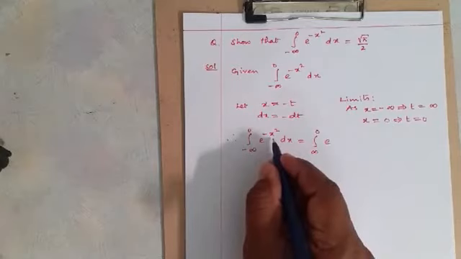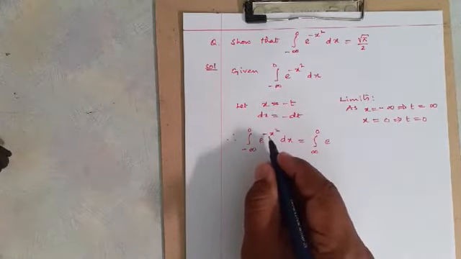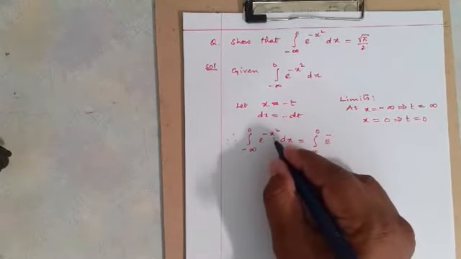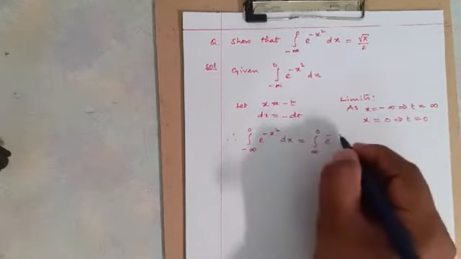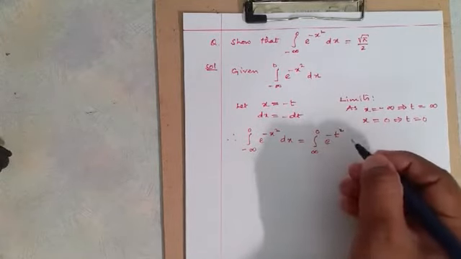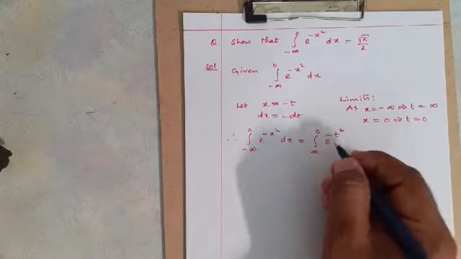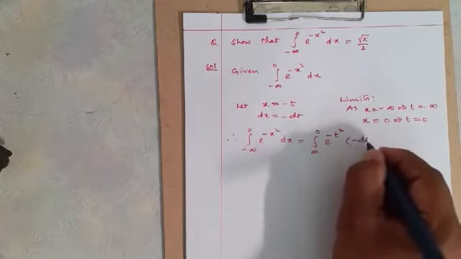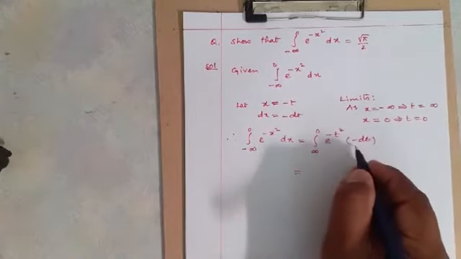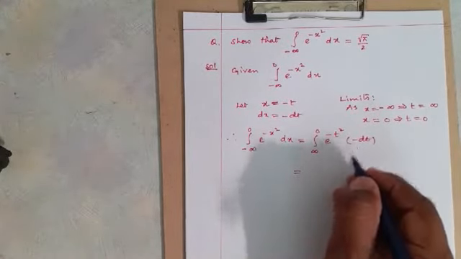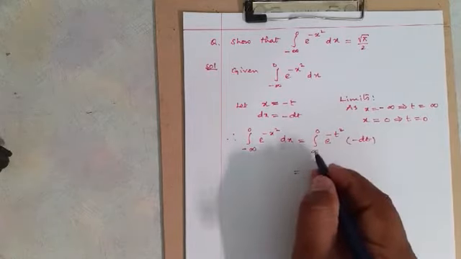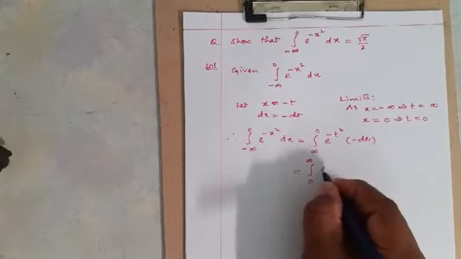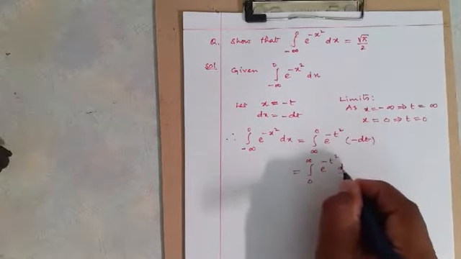In the place of x we have to take minus t, so we have e power minus of minus t whole square, that becomes t square, because minus minus gets cancelled. And dx is nothing but minus dt. Now as we have a minus here, if you take out this minus, then the limits will be changed. Now I can write this as the integral from 0 to infinity of e power minus t square dt.